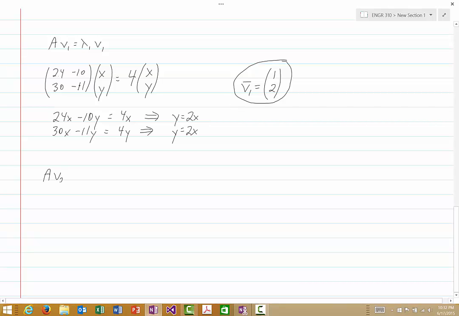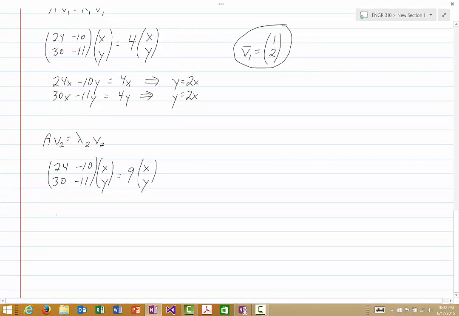We get A V2 is equal to lambda 2 V2. So the matrix (24, negative 10; 30, negative 11) times (x, y) is equal to 9 times (x, y). So 24x minus 10y is equal to 9x, and 30x minus 11y is equal to 9y.